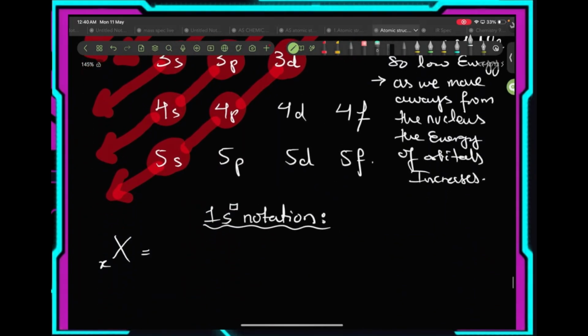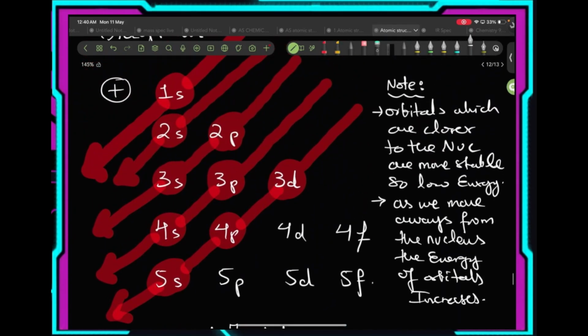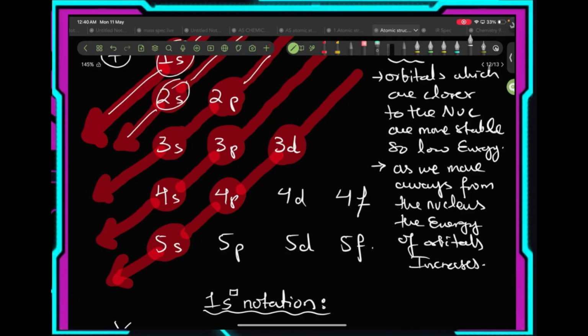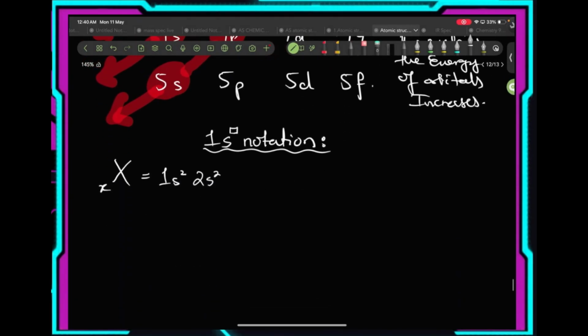1s. So we'll write 1s2. After 1s is filled, where will you go? After 1s, you move on to 2s. So 2s, maximum 2 electrons. After 2s is filled, you'll move on to 2p. So 2p, maximum 6 electrons.